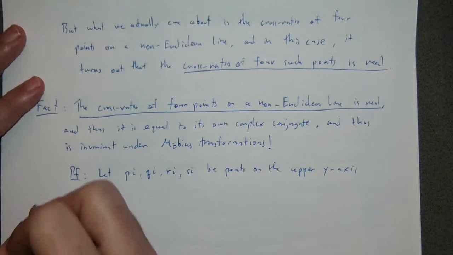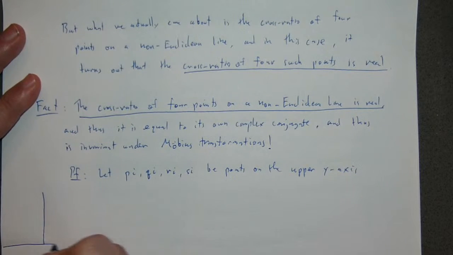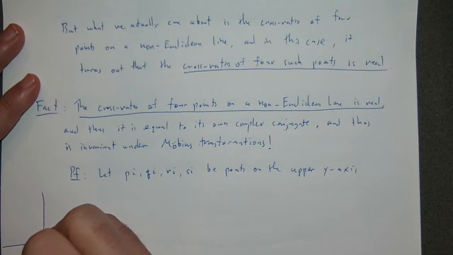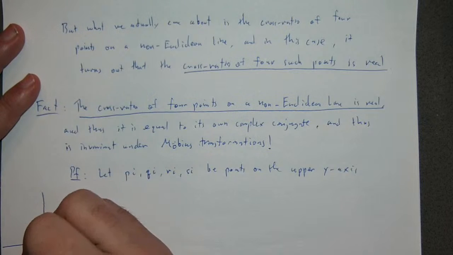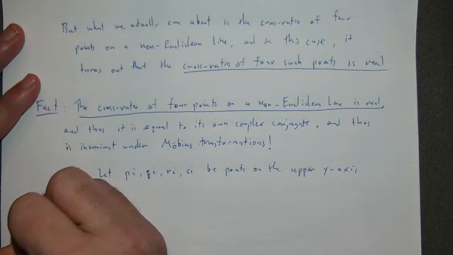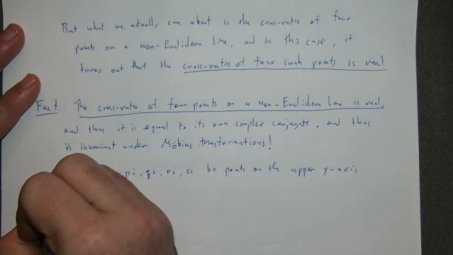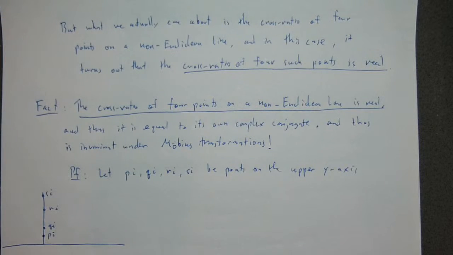All right, so maybe in my upper half plane, they look something like this. Here's Pi, here's Qi, here's Ri, and here's Si. Okay. All right. What's the cross ratio of these points?